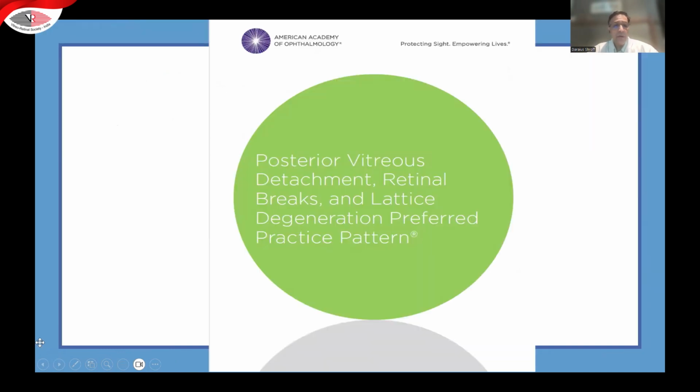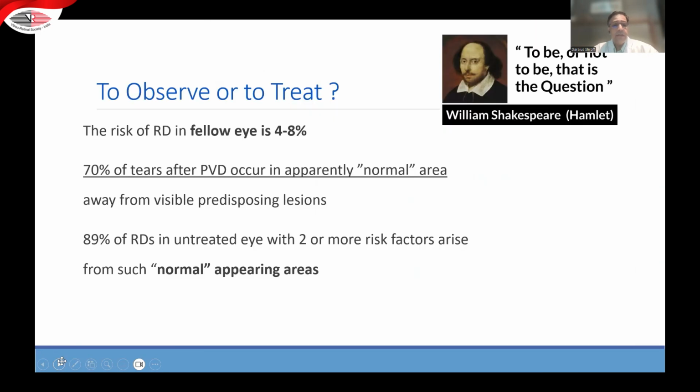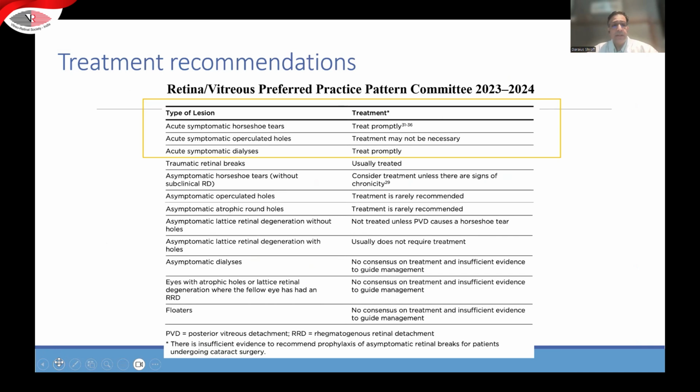And 70% of the tears after the PVD, please remember, occur in the apparently normal area. So always treating such lesions may not really work, and this may be away from the predisposing lesions. And 89% of RDs in untreated eyes with 2 or more risk factors appear in these areas because it's the PVD which is responsible. So these are the kind of guidelines which are there.